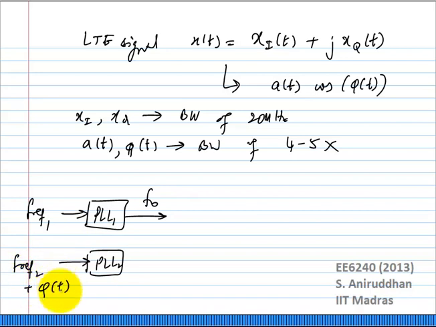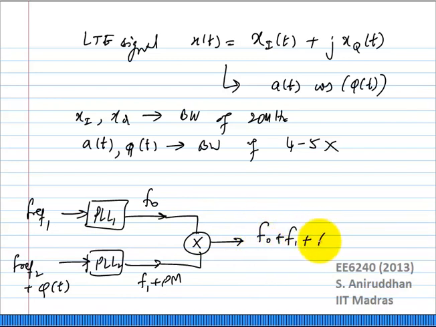I could have a second PLL, okay, which produces the phase modulated signal. And I could actually mix these together to actually give you your phase modulated signal.